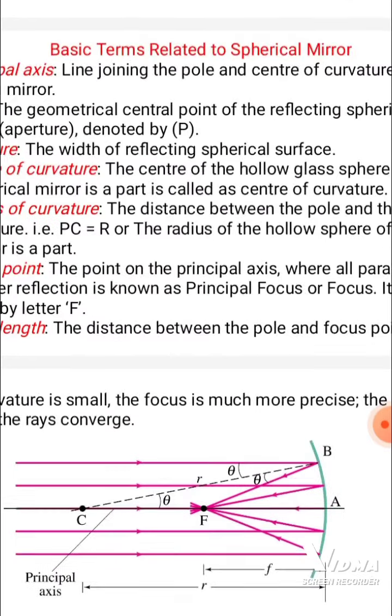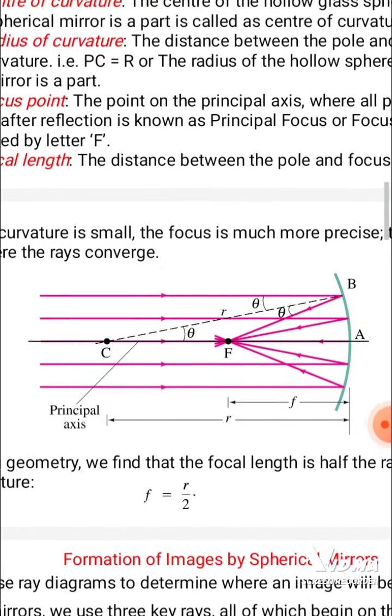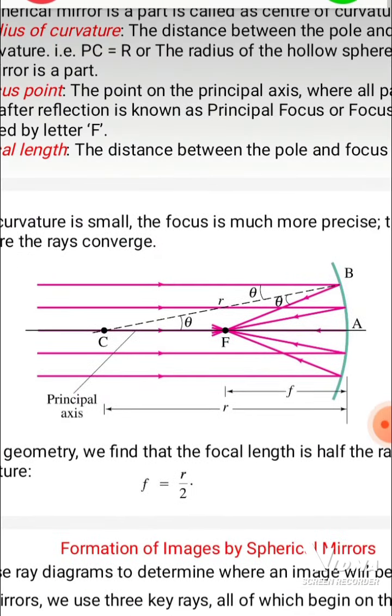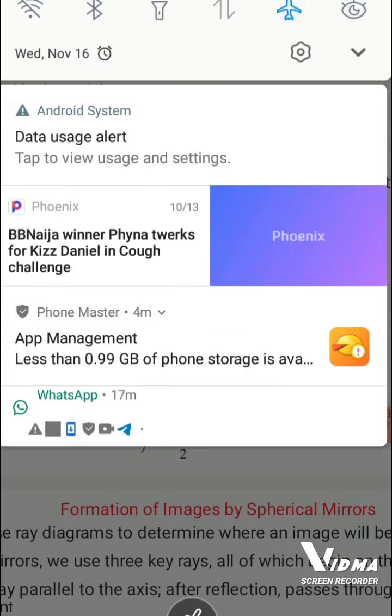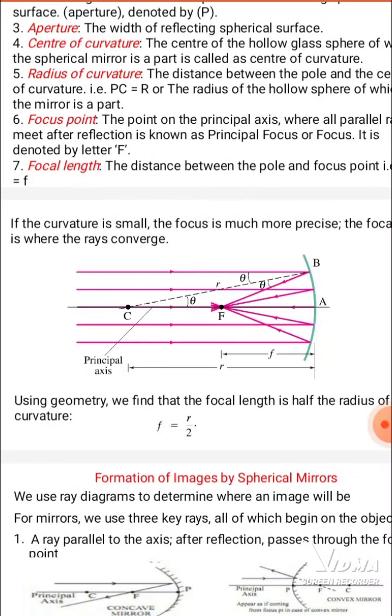As you can see in this figure, all the rays, by the time they have reflected back, meet at the focus, given by capital F. Then you have the focal length, which is the distance between the pole and the principal focus. So PF is the focal length and is given by small f.